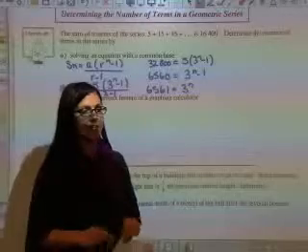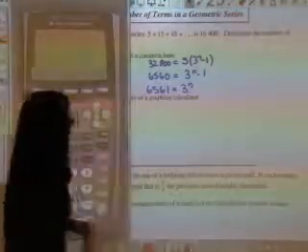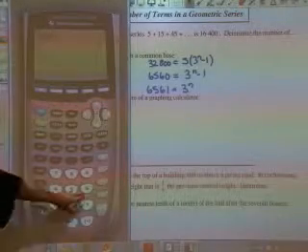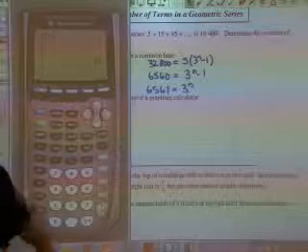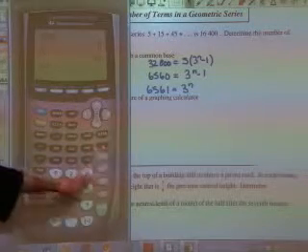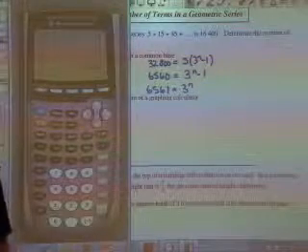Now what I want to figure out is, 6,561 can be written as 3 to the power of what? So I have to guess and check it. Start off with 3 to the power of 6. Not big enough. 3 to the power of 9. Too big. So now it's somewhere between 6 and 9.